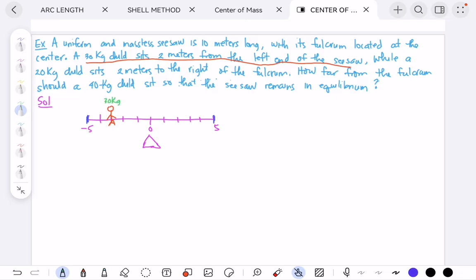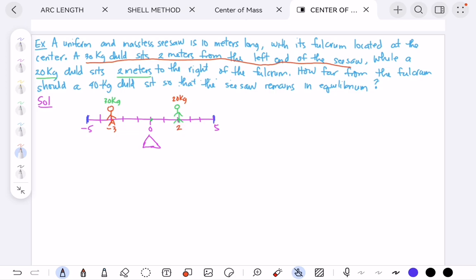Next, a 20 kilogram child sits 2 meters to the right of the fulcrum. So from the fulcrum, we have another child here. The weight is 20 kilograms. The location of the first child is at negative 3, while this other child is at 2.